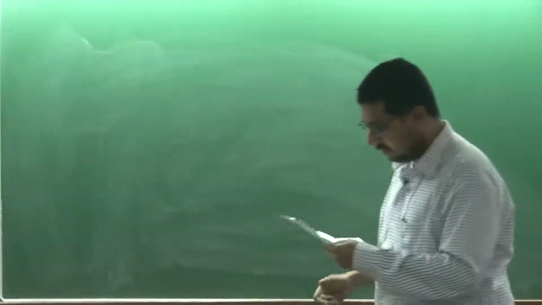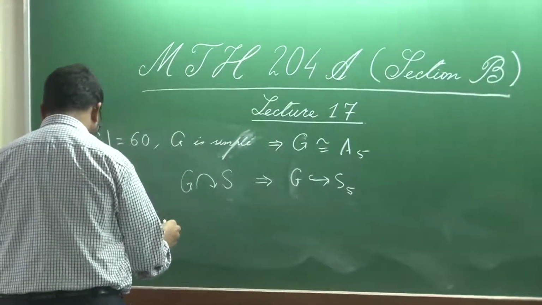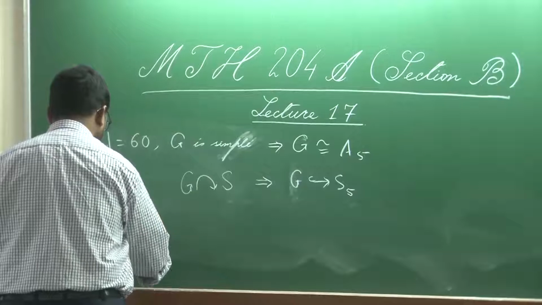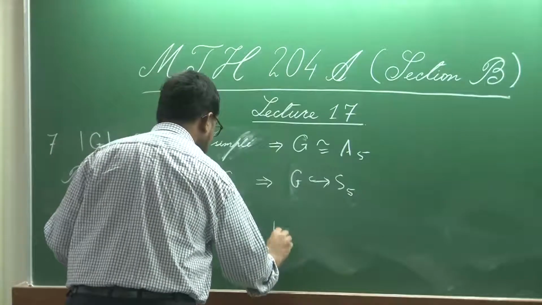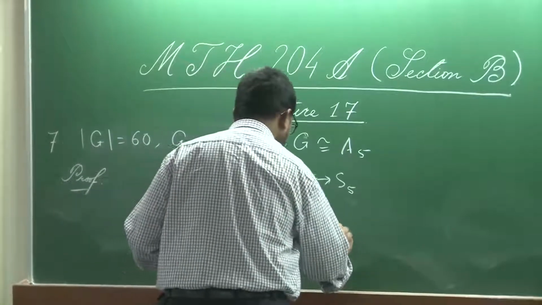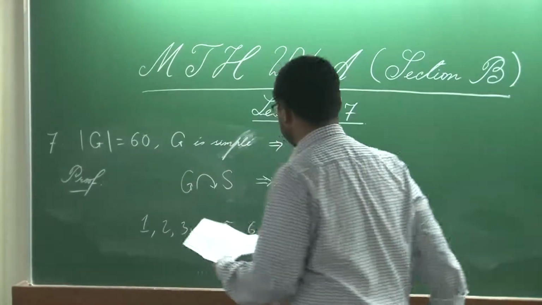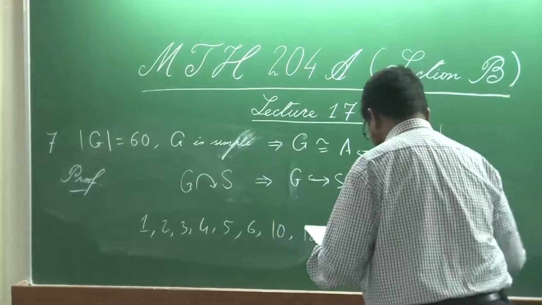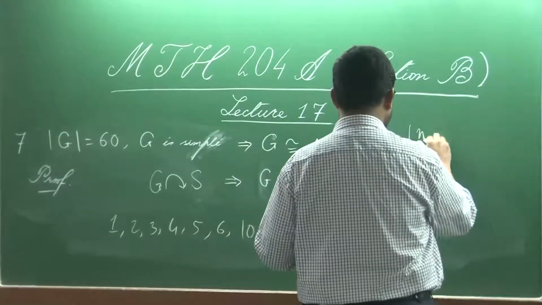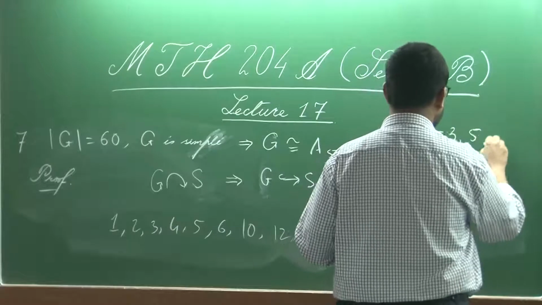How to do that? Let us see what the divisors of 60 are. The divisors of 60 are simply, as we have already seen, 1, 2, 3, 4, 5, 6, 10, 12, 15, 30, 60. So, from this what can we immediately say? What are the possibilities for N2? 3, 5, 15.